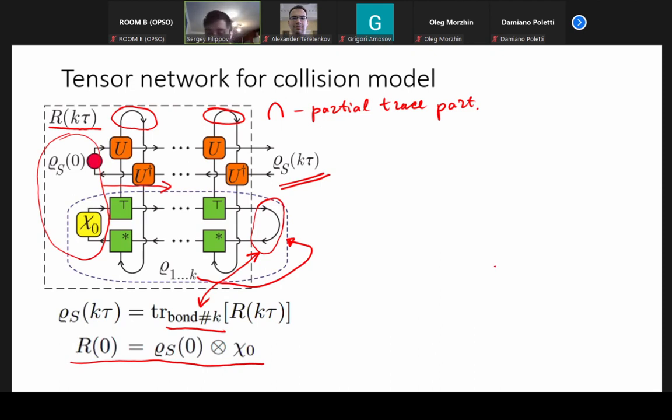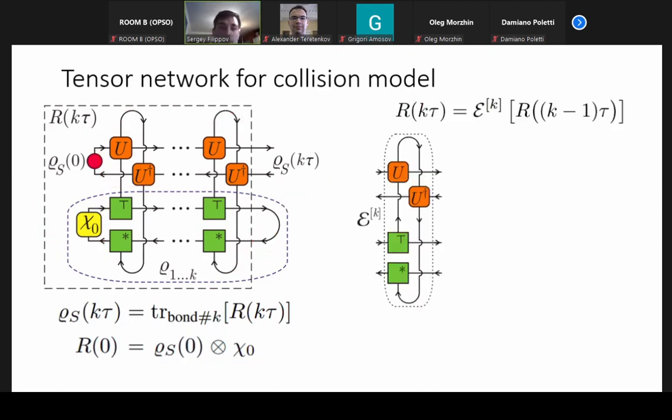With this perspective, we now see that the evolution of the extended operator R is given by this map E. The diagram for this E is given here, and the recurrent relation for R is here on top. So let us look more closely at this E. You see that I can divide it into 2 parts.